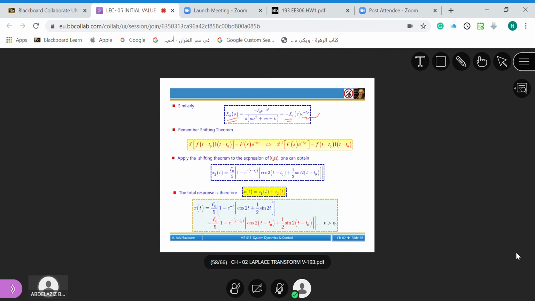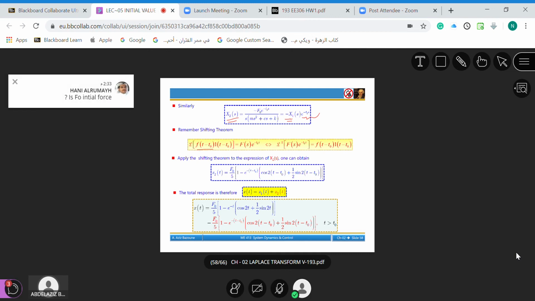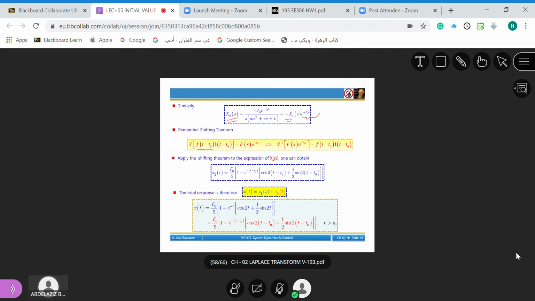And then we use a property of Laplace transform, the shifting theorem. This will tell you the Laplace transform of f of t minus t0. Yes, it is the initial force, but we did not give the magnitude. It will stay f naught. F naught is the magnitude of the impulse, but we did not give it to you.